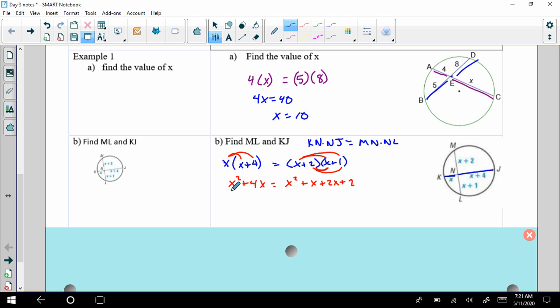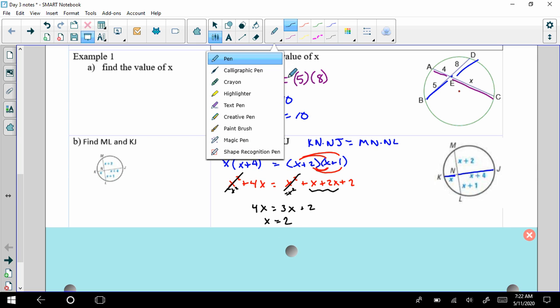Well, anytime you have the same thing on both sides of your equation, that cancels out. So if we subtracted x squared over, it just goes to 0. So then we end up with 4x is equal to 3x plus 2, because I'm going to go ahead and combine these. So subtract 3x, and x is equal to 2.